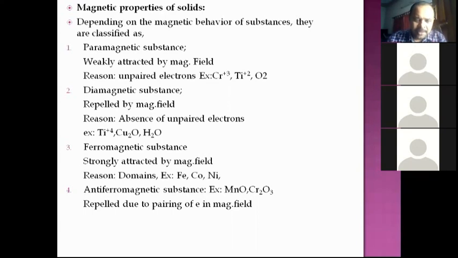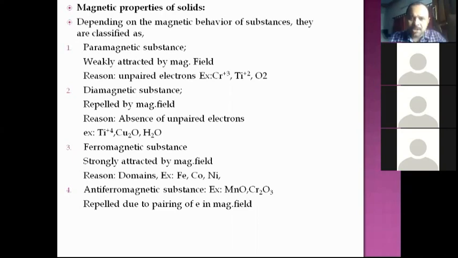This is an antiferromagnetic substance. Antiferromagnetic substances have the same domain structure or magnetic moments as ferromagnetic substances. But the difference is that the moment they are introduced into the external magnetic field, their magnetic moments become equal and opposite.